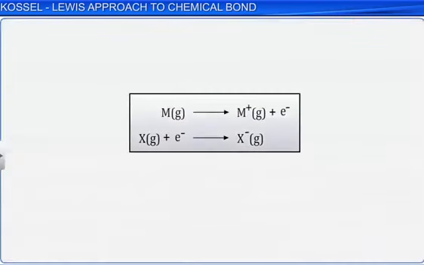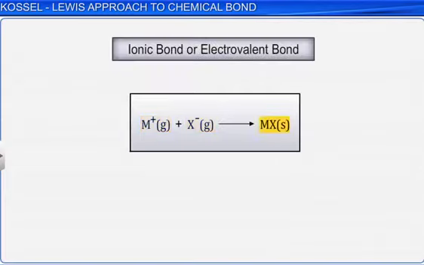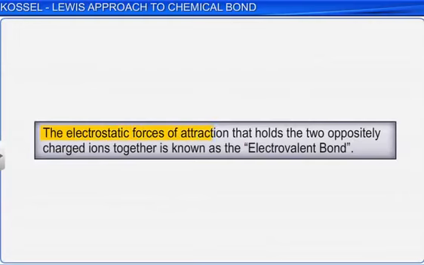The positive ion and the negative ion thus formed attain octet configuration. The two oppositely charged ions approach each other and form an ionic bond or electrovalent bond. The electrostatic forces of attraction that hold the two oppositely charged ions together is known as the electrovalent bond.